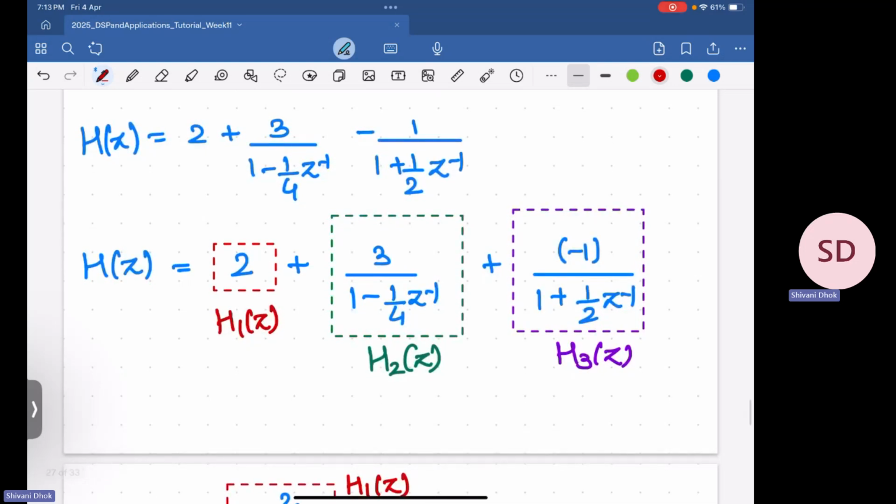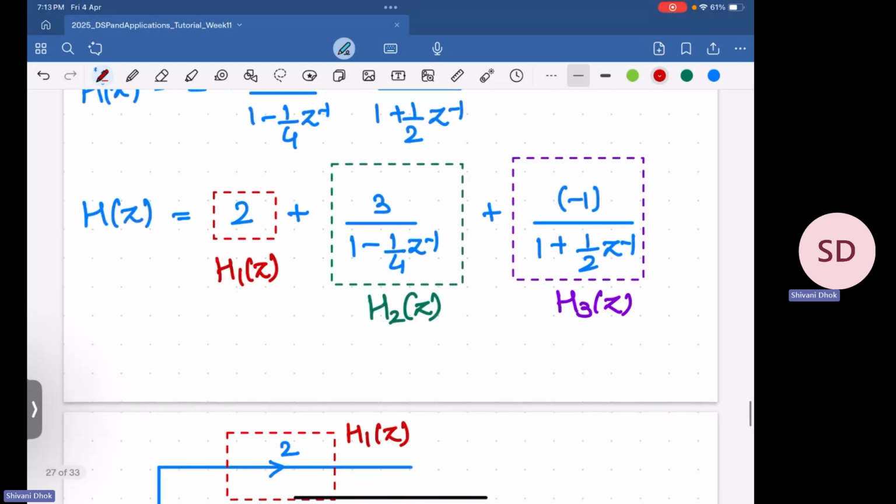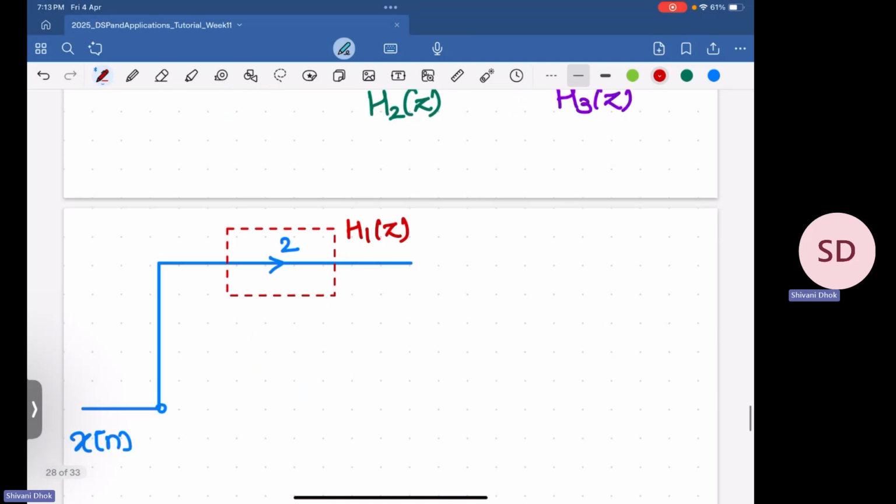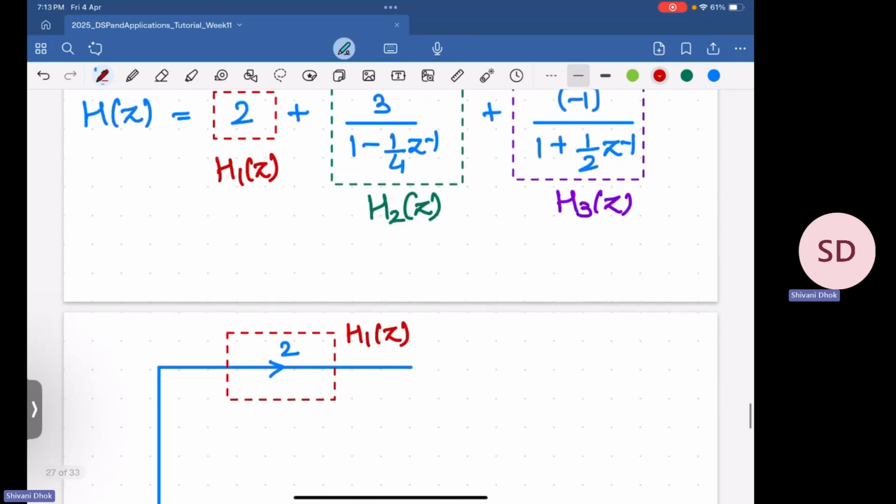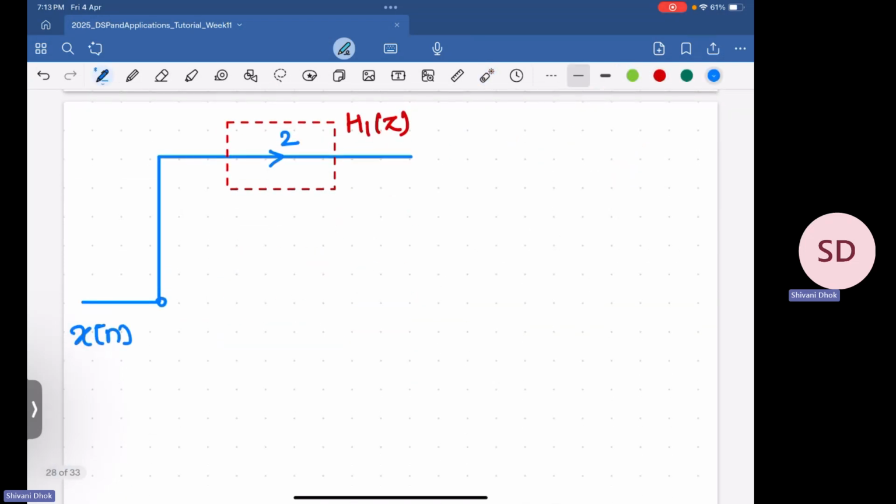After that, we'll try to realize our system h2 of z, and that we will do using the direct form 2 realization. So first we'll realize the denominator, and then we'll care about the numerator. So for that, what we will get? We have something like this. Then this gets delayed by 1 unit.